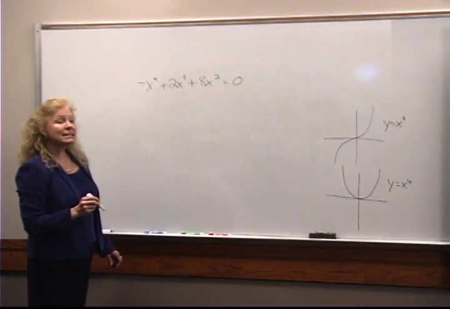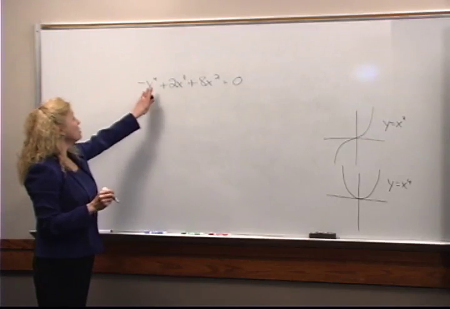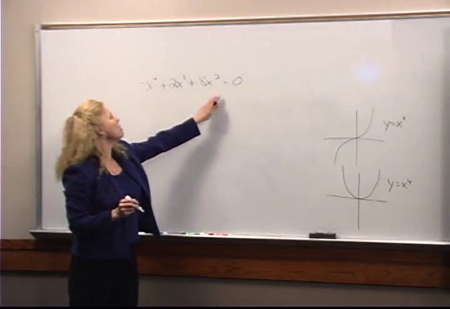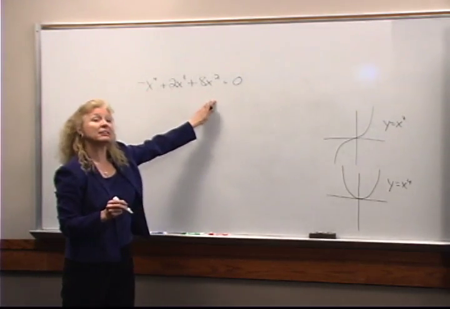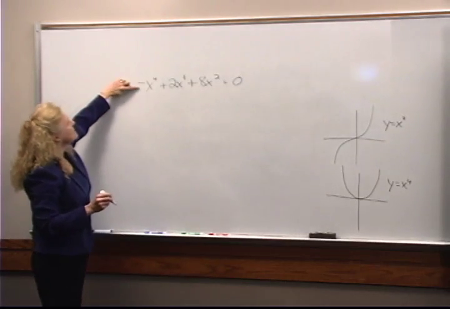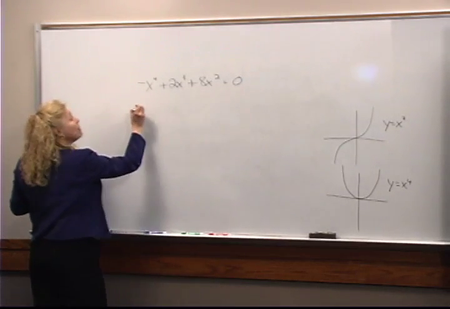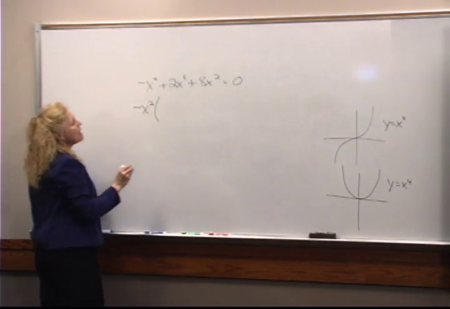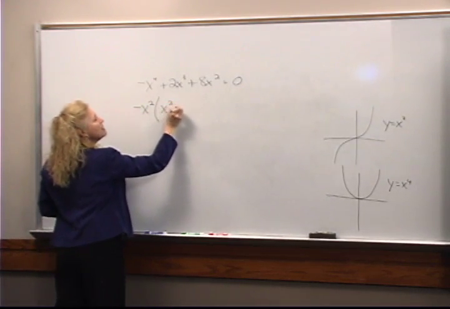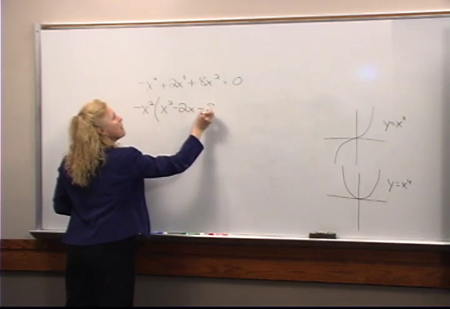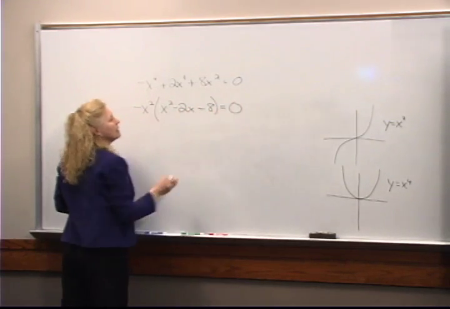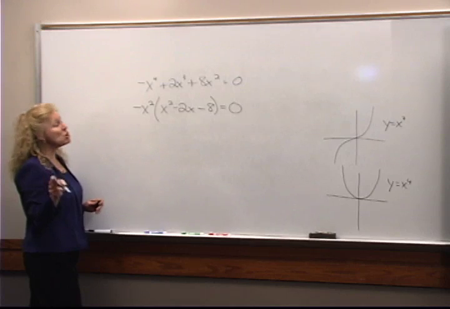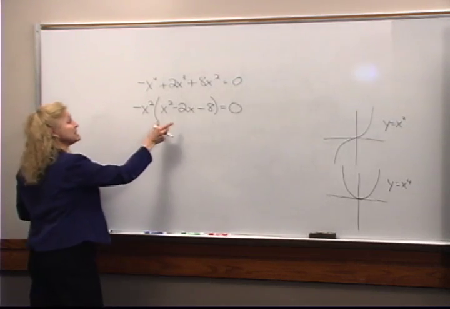Now when you look at that, it's a little bit scary because it's a 4th degree, but you realize, oh, I have the greatest common factor of x squared. Now since this leading term is negative, I'm going to factor out a negative x squared. And that would leave me with x squared minus 2x minus 8. Oh, and now you know we're home free because we've talked about this.